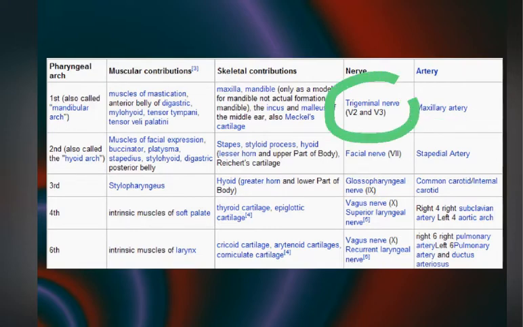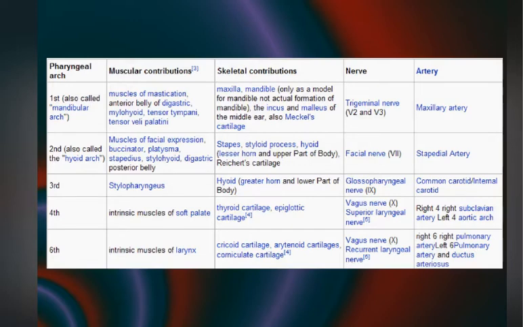Notice that below the trigeminal nerve we have V2 and V3. What do these mean? V is for the 5th cranial nerve. So the trigeminal nerve is the 5th cranial nerve. We have 12 cranial nerves, and the trigeminal nerve is the 5th. V2 means the second branch of the trigeminal nerve, which is the maxillary branch.